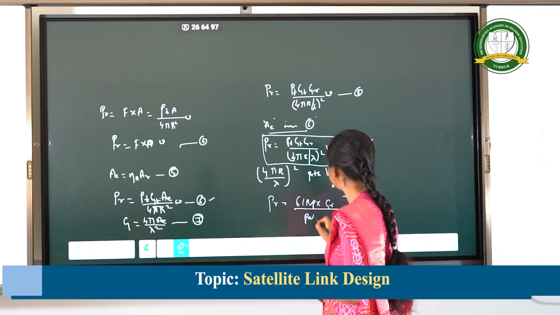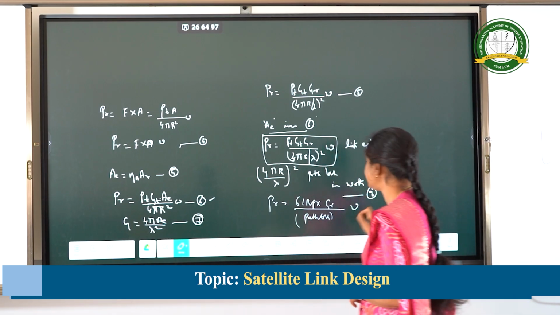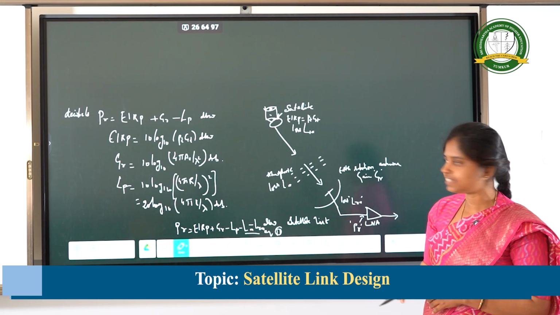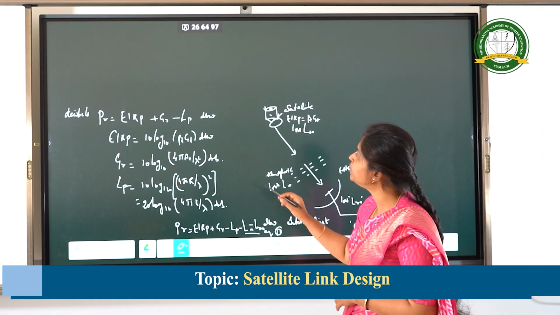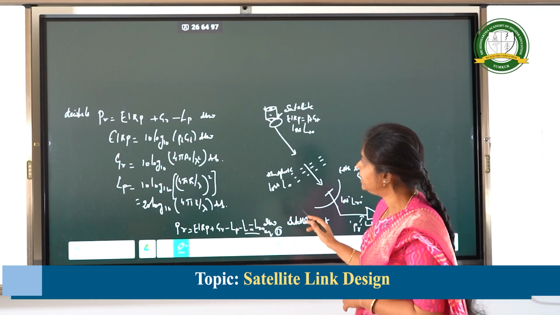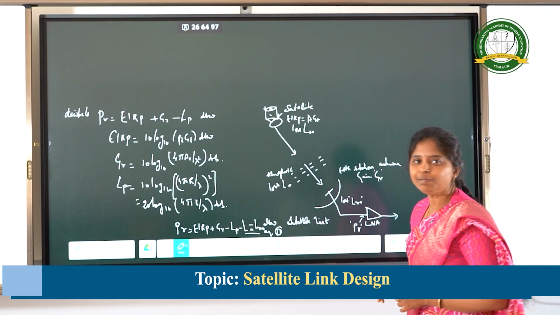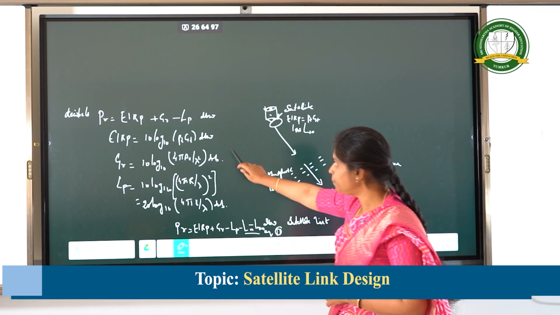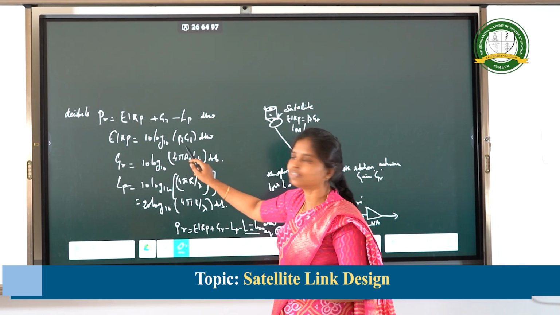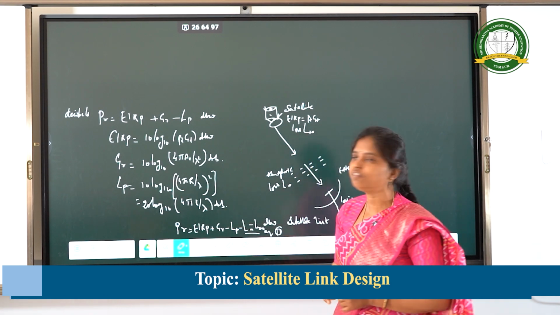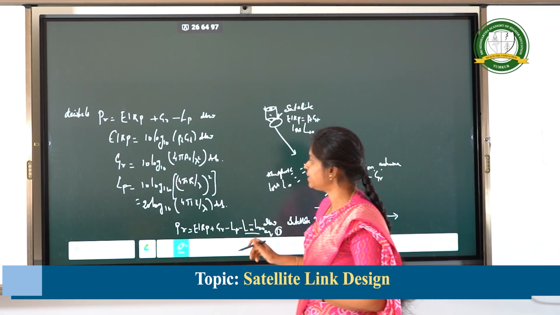So path loss you can write like this, in watts. The same thing I am expressing in terms of decibels. PR will be equal to EIRP plus GR minus path loss in dBW. EIRP will be equal to 10 log to base 10 of PTGT dBW, since the product is PTGT, and GR is 10 log to base 10 of 4 pi AE divided by lambda square.